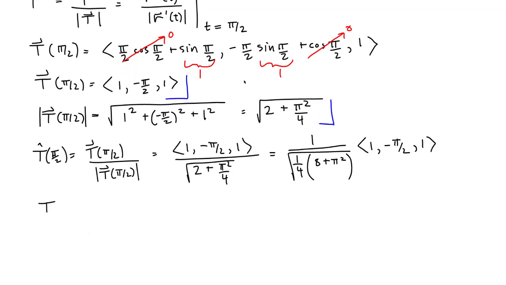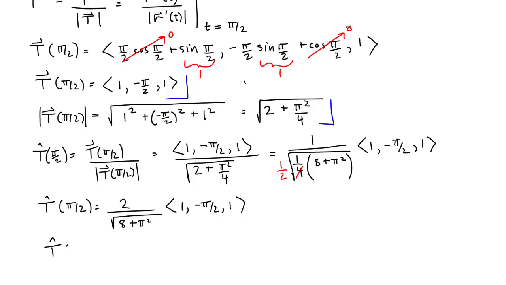This means that our unit tangent vector evaluated at pi over 2 is equal to, well, let's look at this. The square root of 1/4 is 1/2. We could flip and multiply, and in the numerator we have 2, in the denominator we have the square root of 8 plus pi squared, and then we have 1 minus pi over 2 and 1.